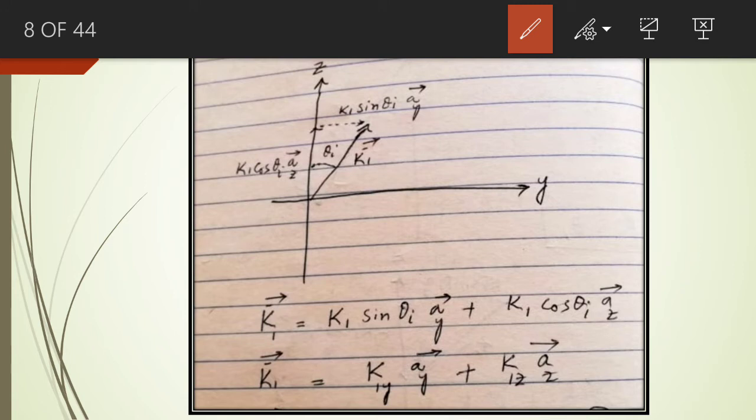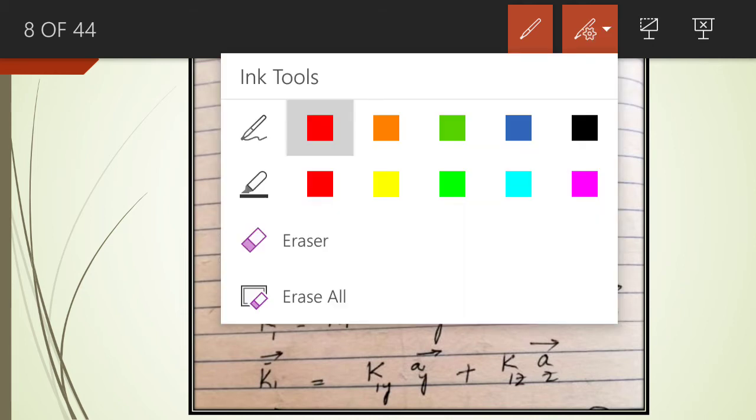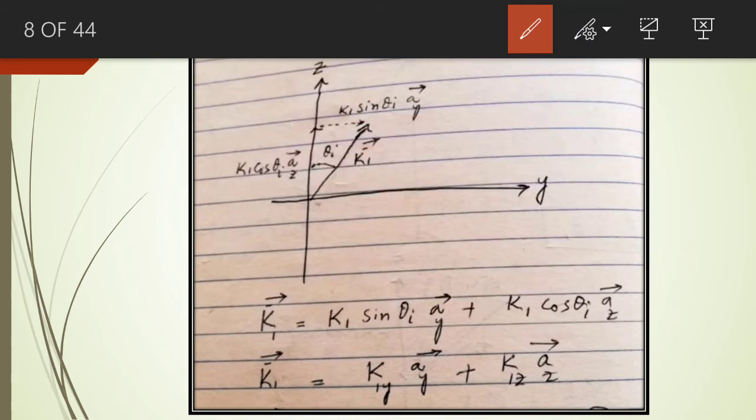You see, this is the component which is along y-axis, and here is the component which is along z-axis. The component of this vector along y-axis is k1 sin theta I ay, and the component along z-axis is k1 cos theta I az.